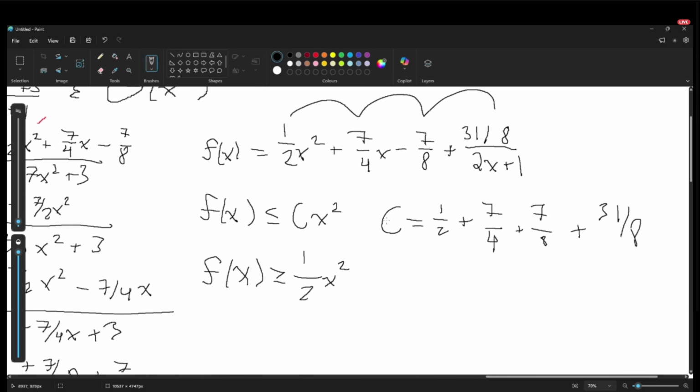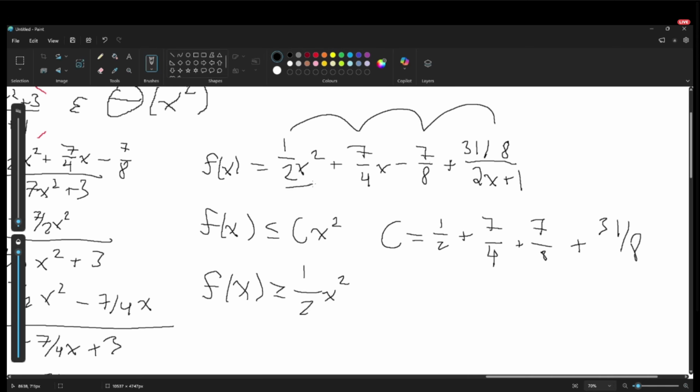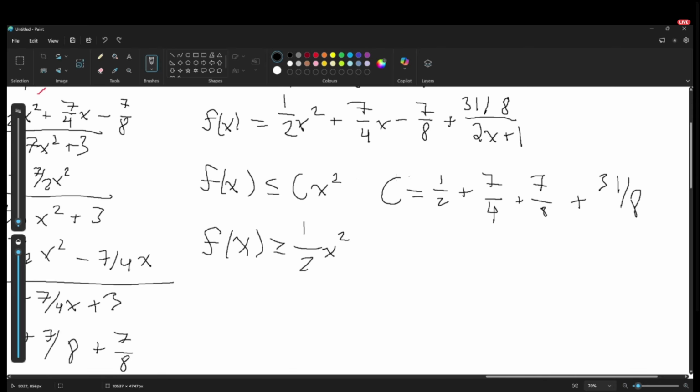The way to see this is that you just take one of the terms. Notice here there's a negative, and that's tricky. But you can see that for x bigger than 1, or for x bigger than some number, this whole thing is always positive, so you can always remove it.